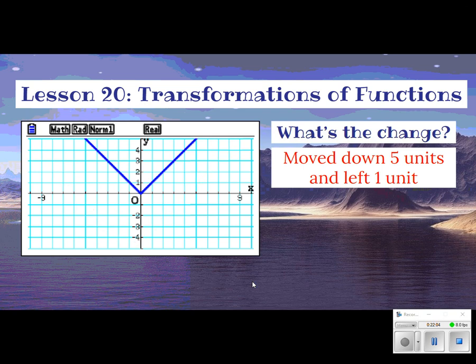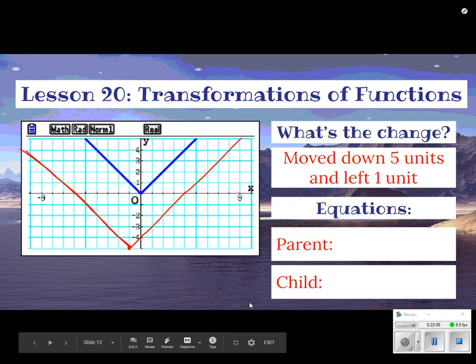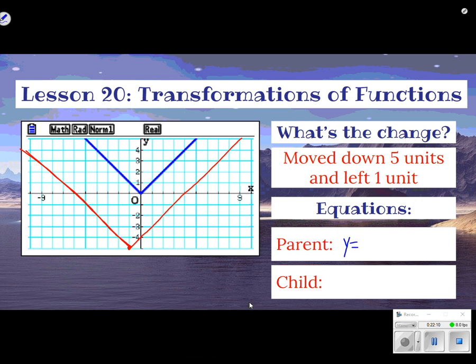All right, let's look at our equations. So we have a parent equation of y equals the absolute value of x. And then my child function, let's go into what we had in our notes earlier. That means I have 2 numbers in here. So I need to show down 5.